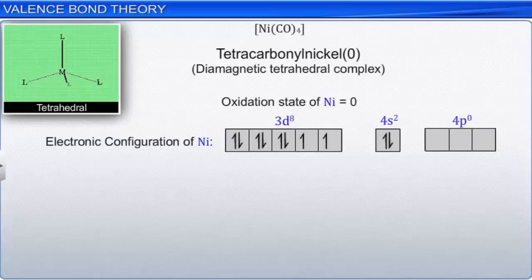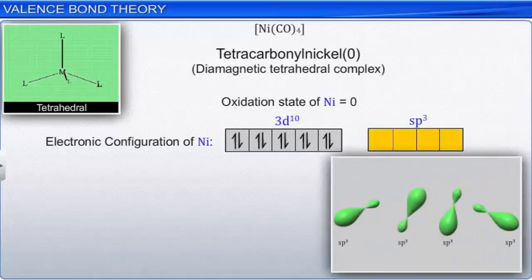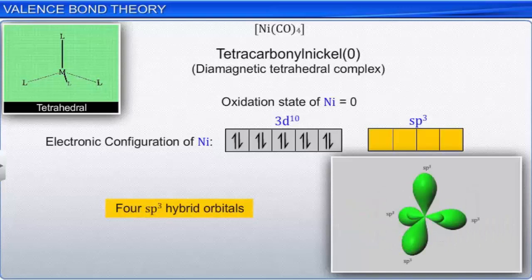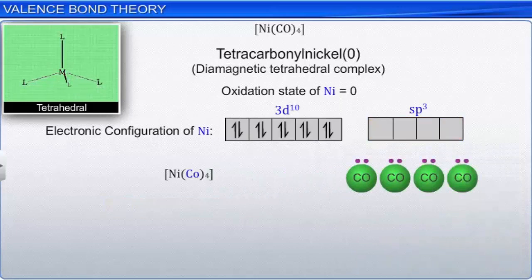Thus, the metal atom undergoes sp3 hybridization to result in 4 sp3 hybrid orbitals. The 4 electron pairs donated by the 4 ligands are accommodated in these orbitals. Hence, the complex is a diamagnetic tetrahedral complex.